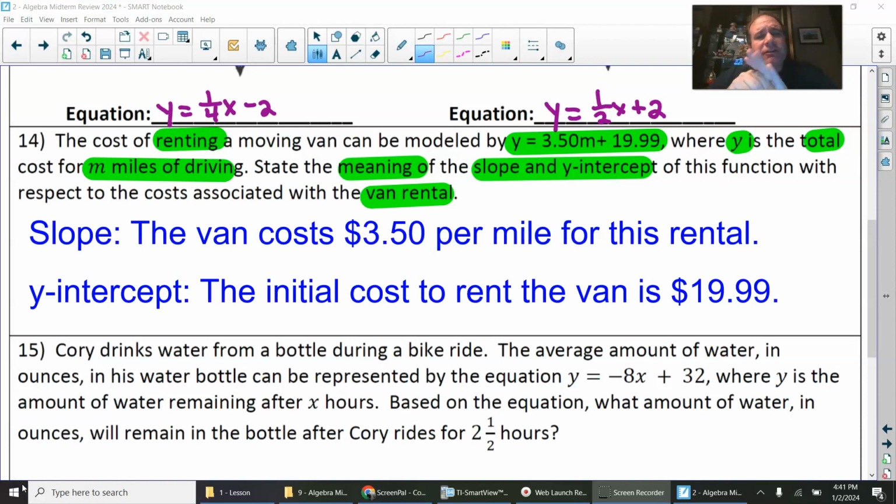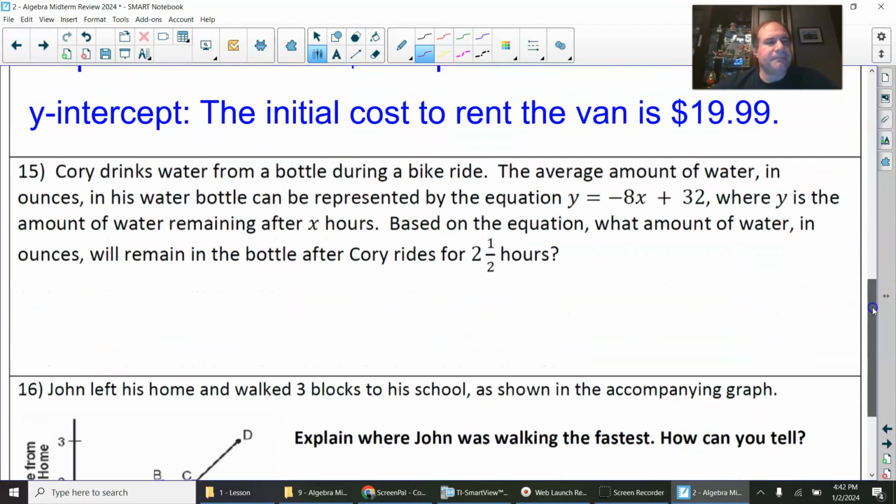So this van costs 350 per mile for this rental. And then the meaning of the y-intercept in context of the problem is that the initial cost to rent the van is $19.99 according to this van rental. And that is how you explain the meaning of the slope and the y-intercept in the context of this problem.